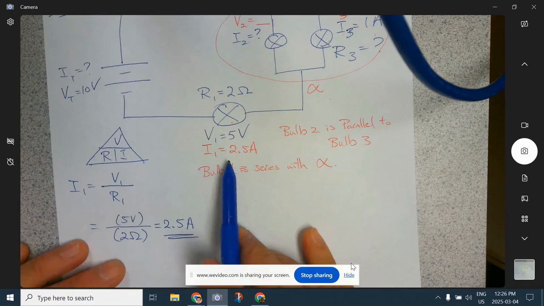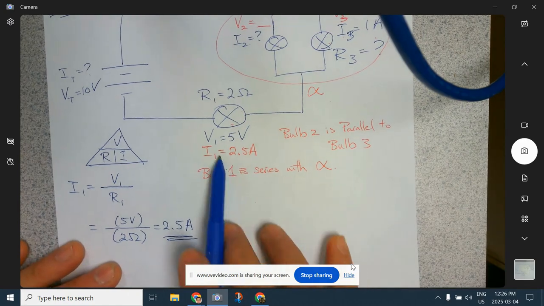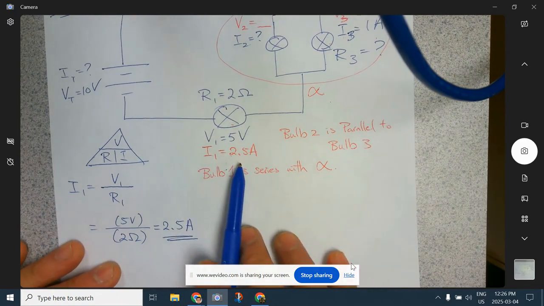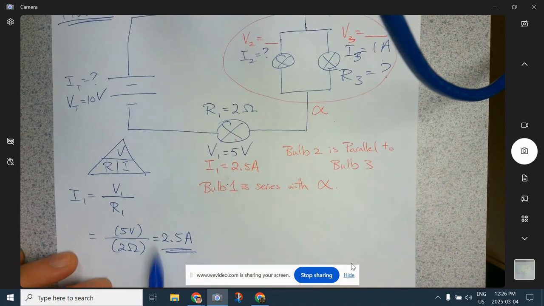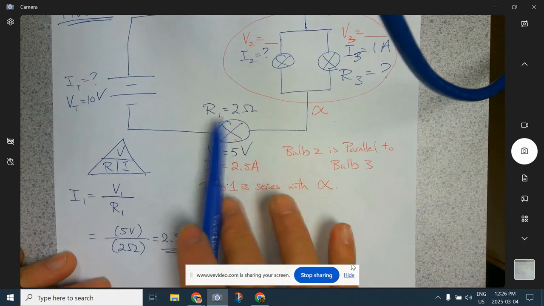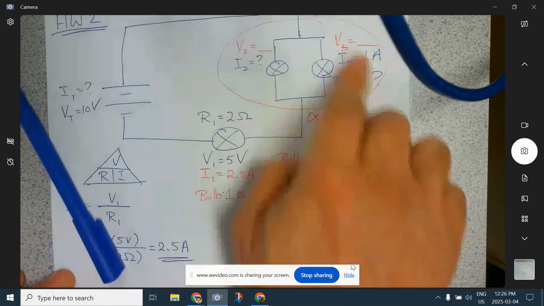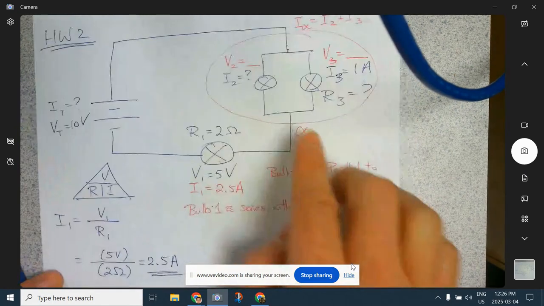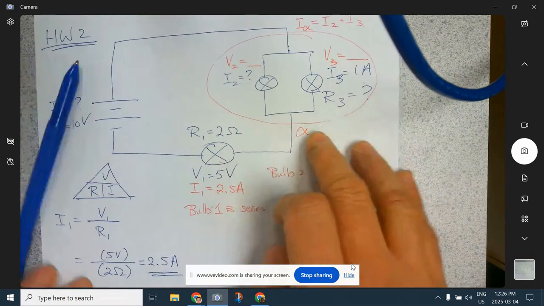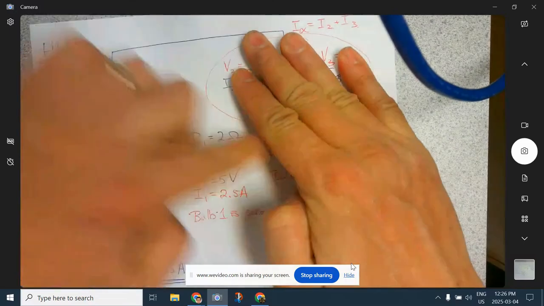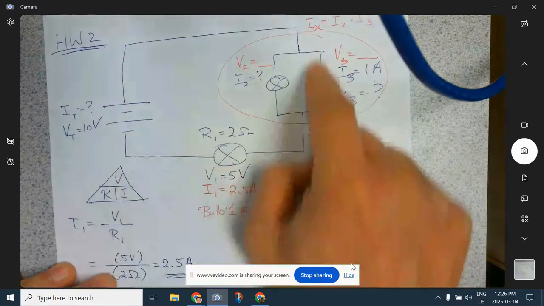Now, we know this is I1, it's 2.5 ampere. And as I said before, if we treat this parallel circuit, or this part alpha, as its own thing, this is in series, because after all, there's only one loop here.